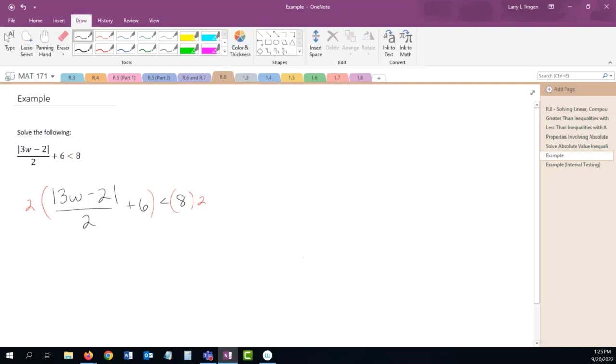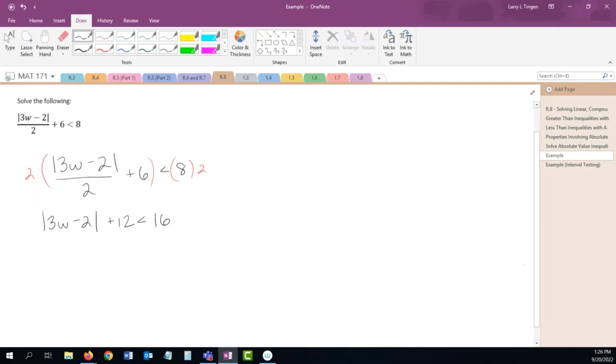The LCD of this whole inequality, all three terms here, is 2, because 2 is the only denominator we have. The 6 is over a 1 and the 8's over a 1. So if I multiply both sides by 2, what does that do for me? Well, it takes away the denominator from the absolute value term. And now 6 times 2 is 12. 8 times 2 is 16.